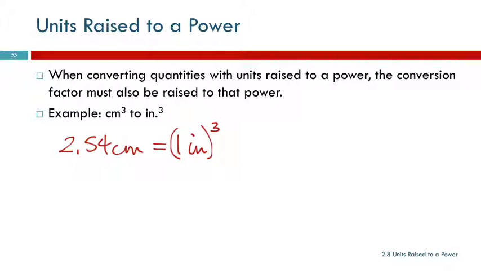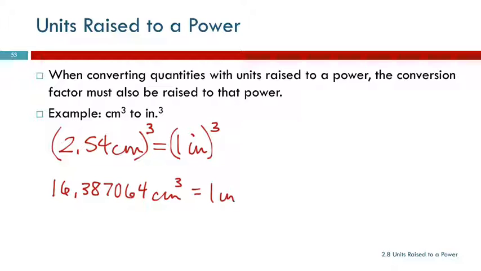And if we want it to still be equal, we have to cube this side as well. So 1 cubic inch is 2.54 cubed, or 16.387064 cubic centimeters is equal to 1 cubic inch.